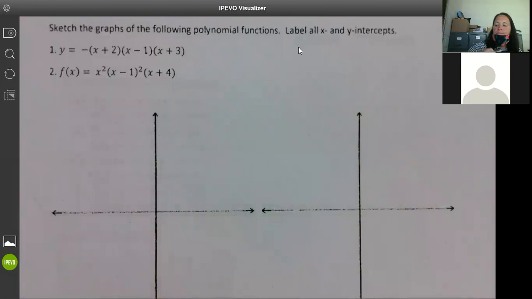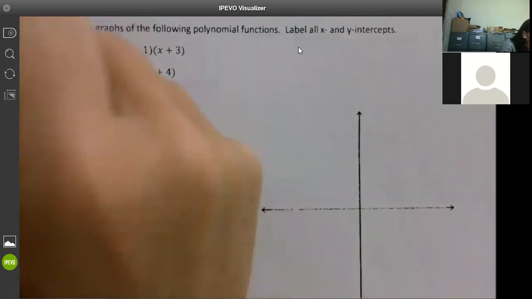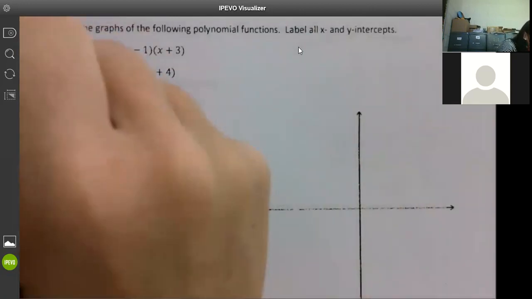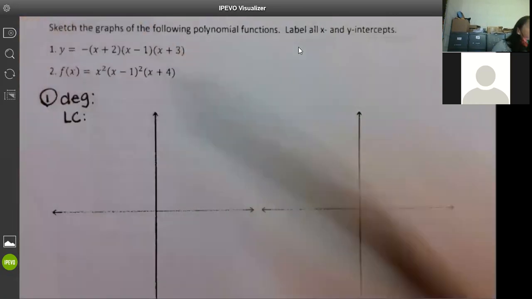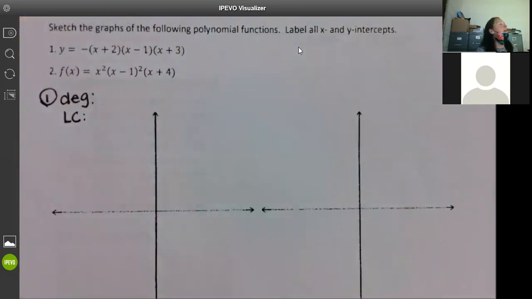All right. So the first thing that I want to do on number 1 is I'm going to do the degree of the leading coefficient. And you can do it in any order that you technically want to. I typically do this first so that I know what it looks like before I even start. Okay. So look at number 1.